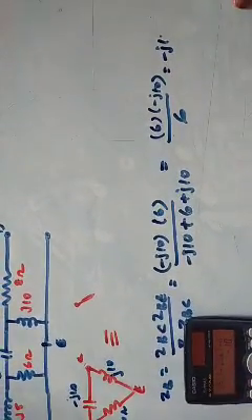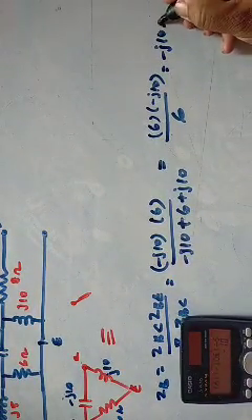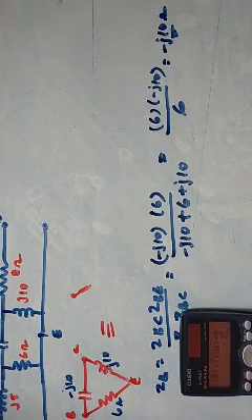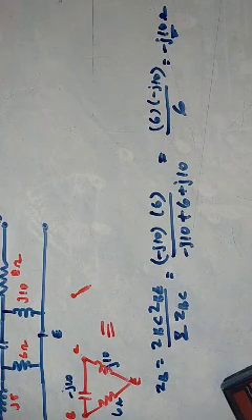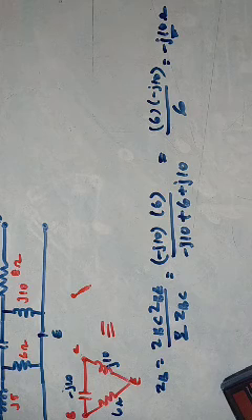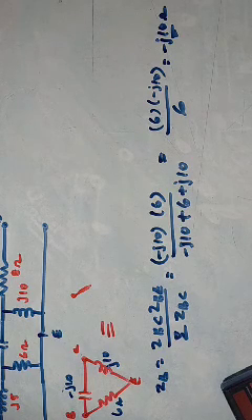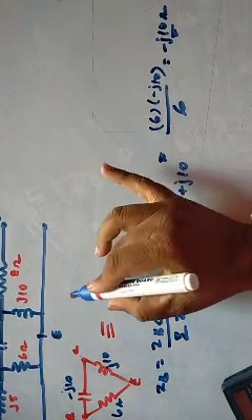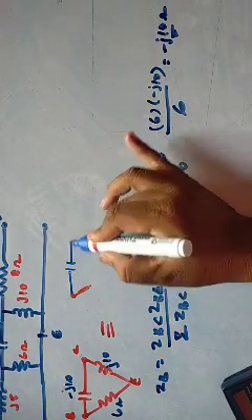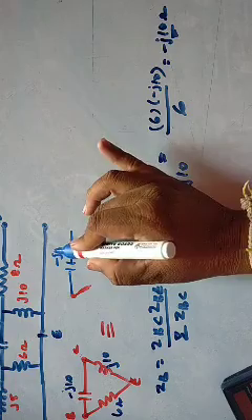Between B to C, that is a capacitor. That is minus J10.